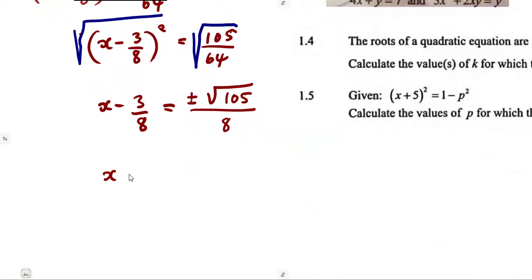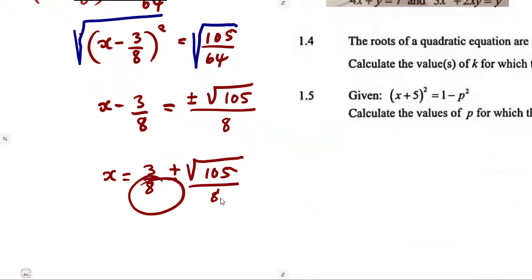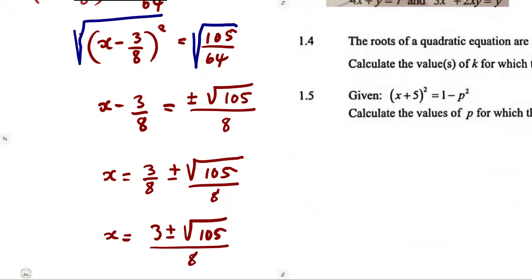So let's combine, taking the minus 3 over 8 to the other side of the equation. It is going to be positive 3 over 8, plus or minus the square root of 105 over 8. We can see that, guys, the denominators are the same, so combining the numerators together, everything over the same denominator. So it is going to be 3 plus or minus the square root of 105, everything over 8.